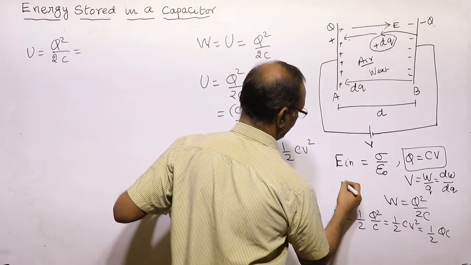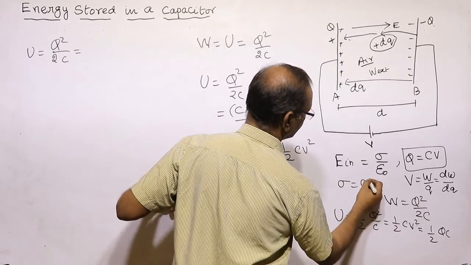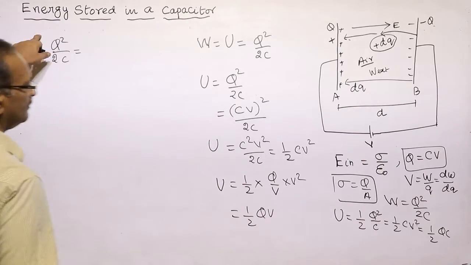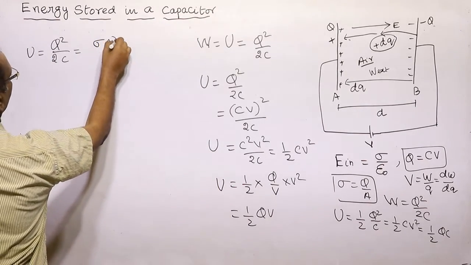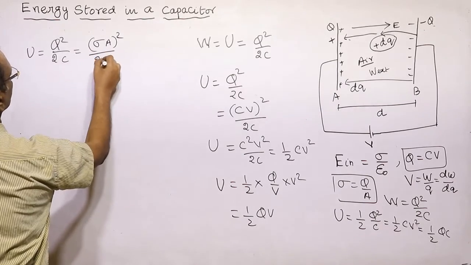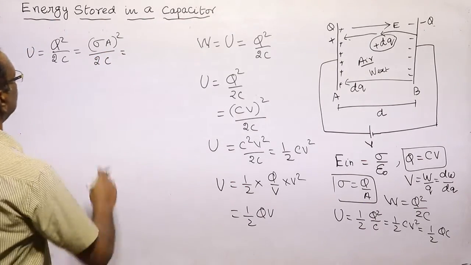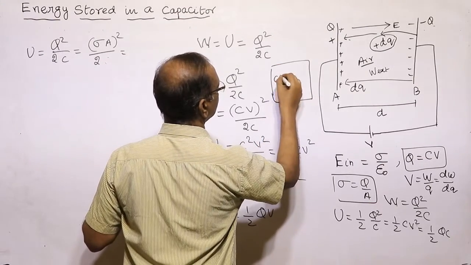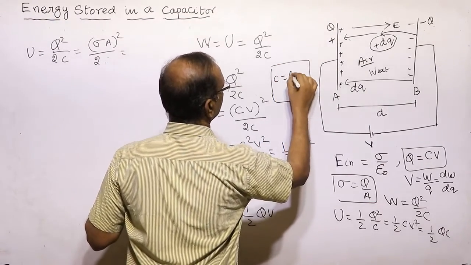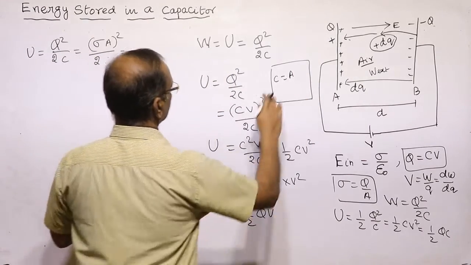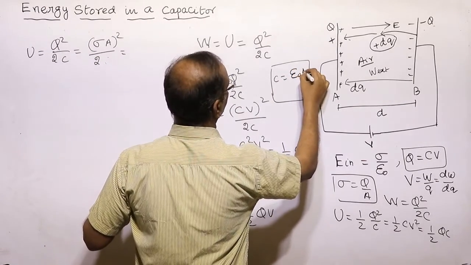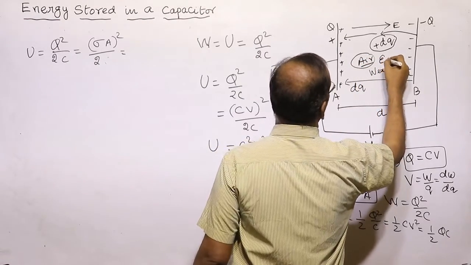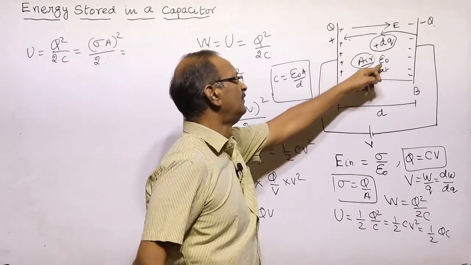Surface charge density is equal to charge by area, so Q is sigma A. Q square can be written as sigma A whole square by 2C, and C for a parallel plate capacitor, since air is used, is epsilon naught A by D, where epsilon naught is the permittivity of free space.